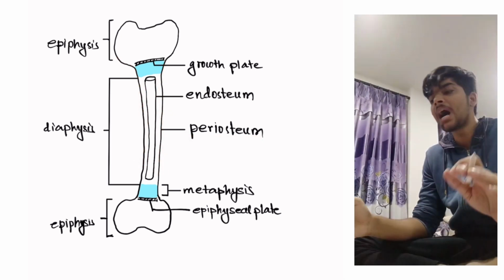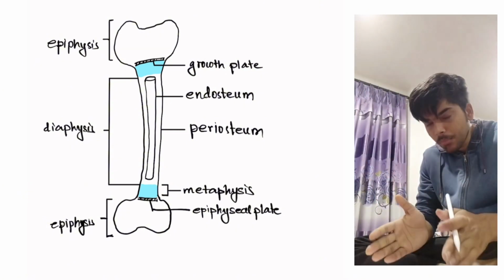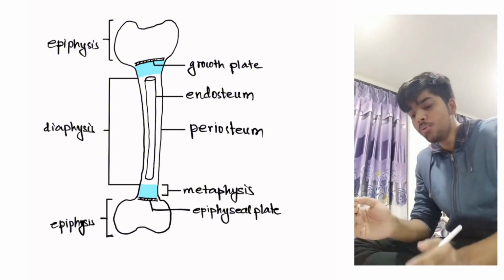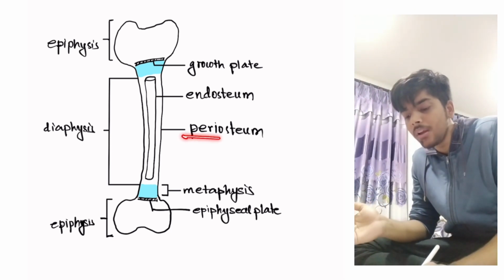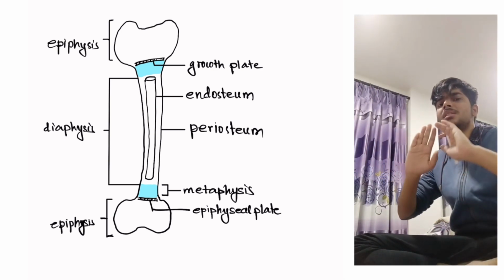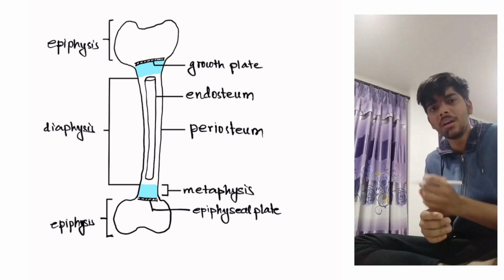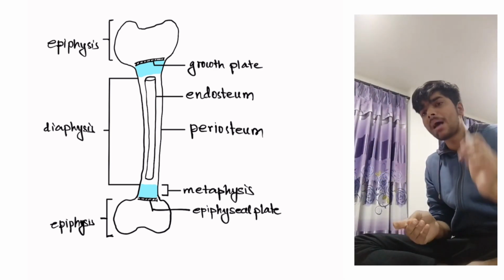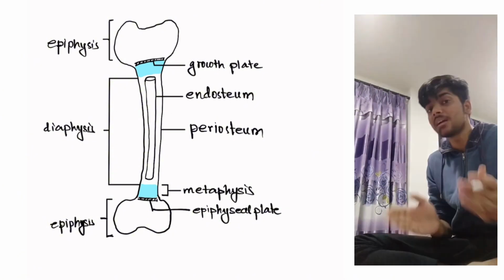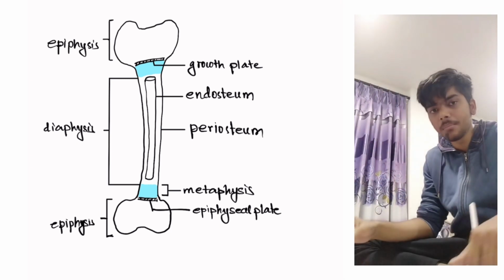The importance of knowing all of this is that it's very difficult to infect a bone due to this protective outer covering of periosteum. It's really difficult for a pathogen to enter the bone as long as that periosteum is present.